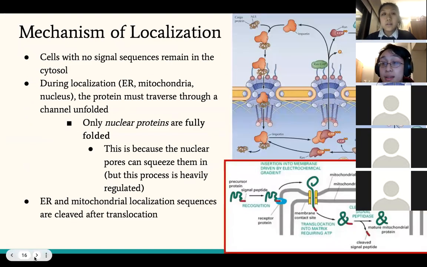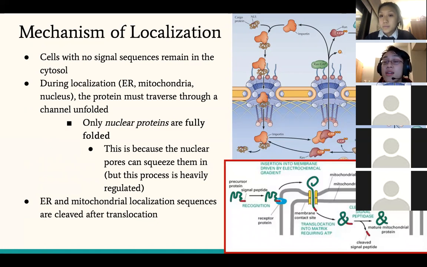So what is the mechanism of localization? In the ER and the mitochondria, the channel proteins are too thin to allow a fully folded protein to enter. When the channel opens, the unfolded form of the protein will enter the mitochondria or the ER, and inside the organelle, chaperones will help the protein refold. In nuclear proteins, it's a little bit different because the nuclear pores are much bigger than a channel protein.